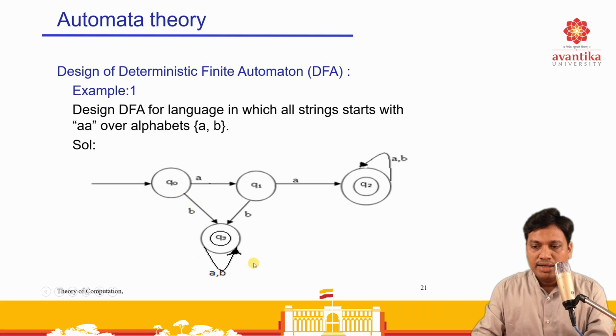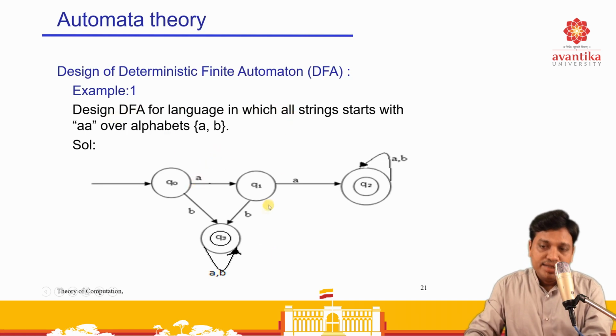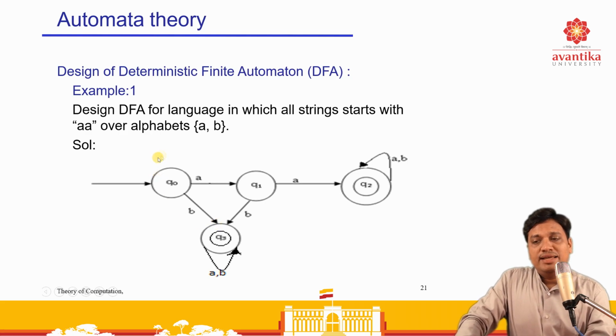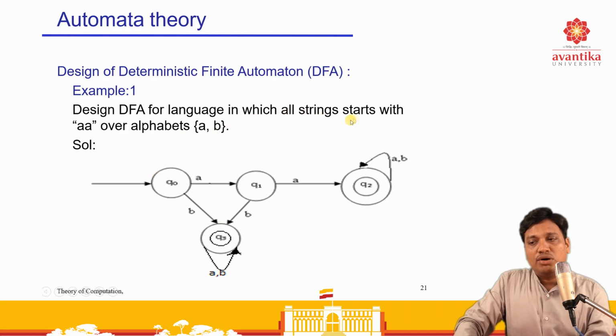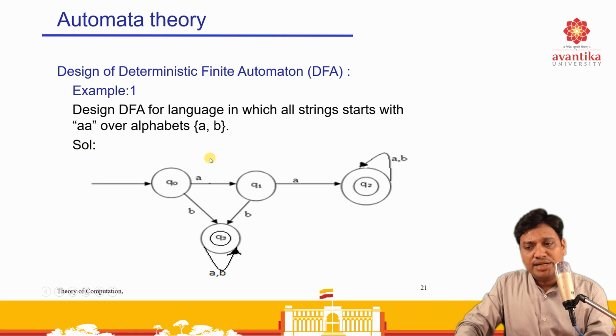See the additional state, called a trap state, because in a DFA the condition is given: design a DFA for the language in which all strings start with AA over the alphabet set {A, B}. So this is the essential condition.